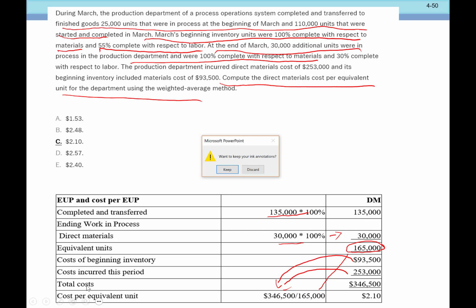And then if you want to know the cost of the units that were transferred out, you take the number of units transferred out times that cost per equivalent unit. If you want to know the value of the cost of your ending inventory, you take the number of units in ending inventory times that cost per equivalent unit.